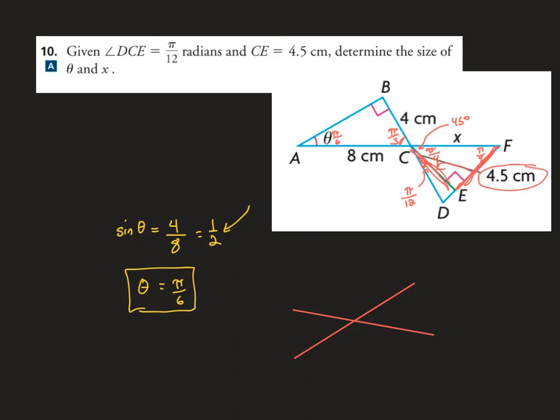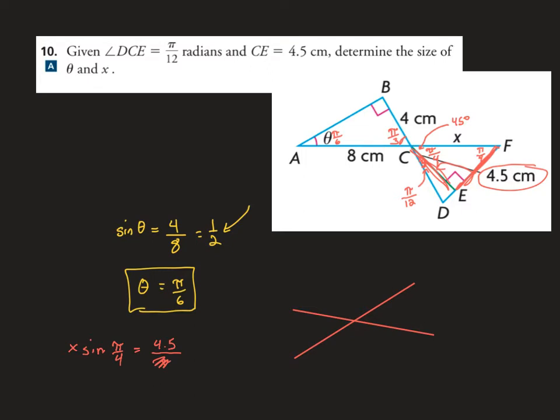So let's say the sine of pi by 4 is always equal to opposite 4.5 over hypotenuse, which is x.